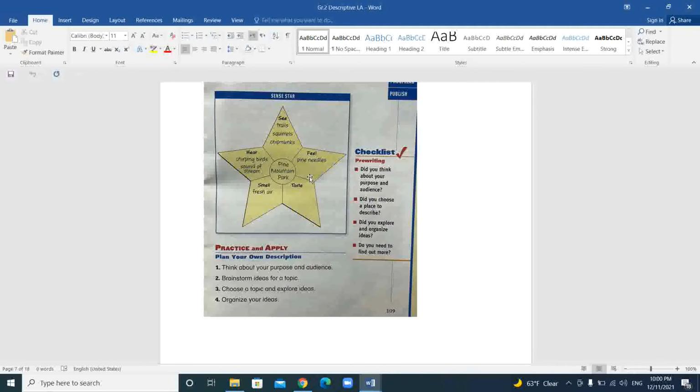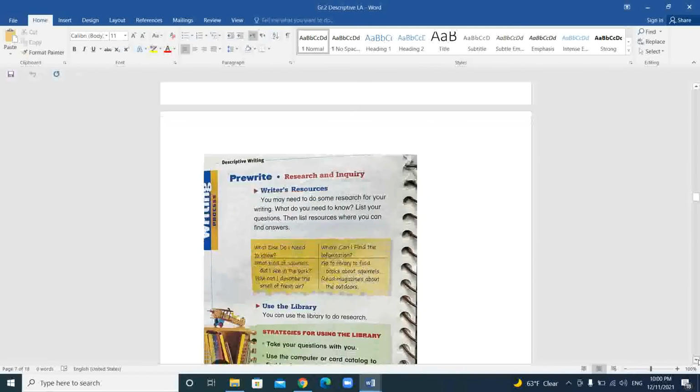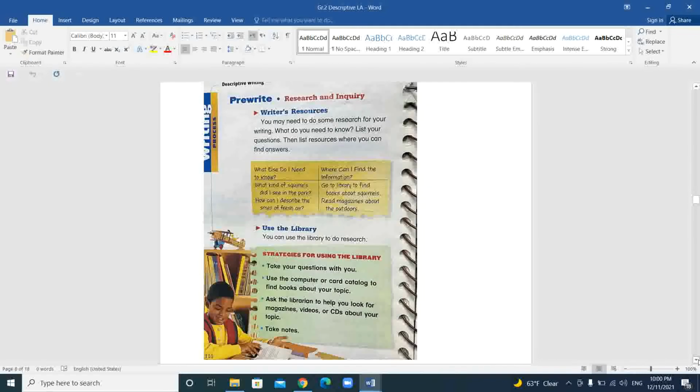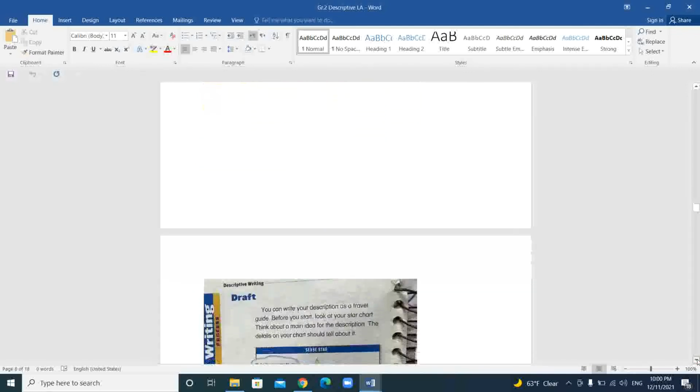These are all things that I can use to put in my sense star. Okay, so after I put some details or points on my sense stars, I use it to create sentences. Like here, the person is using resources such as the internet and books because he's describing a place. But in our case, we were describing our favorite snack, so we don't really need to search.